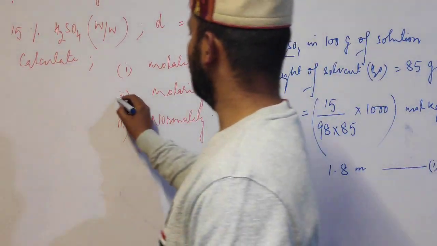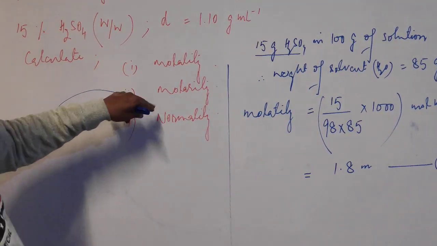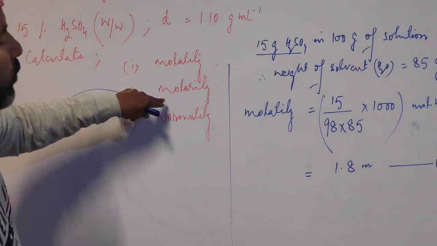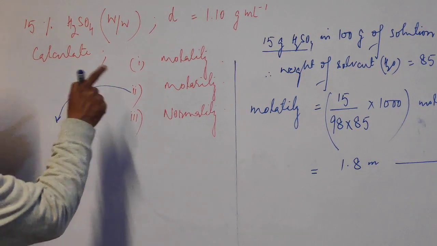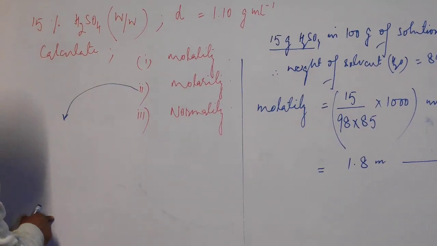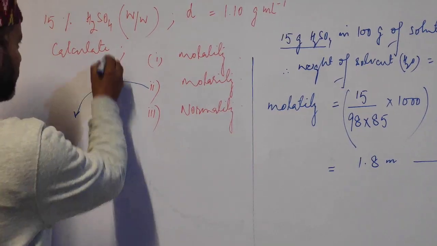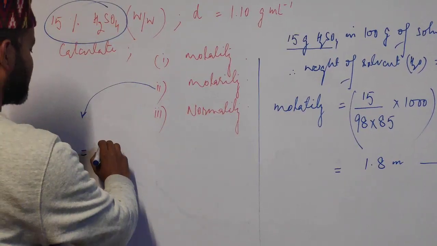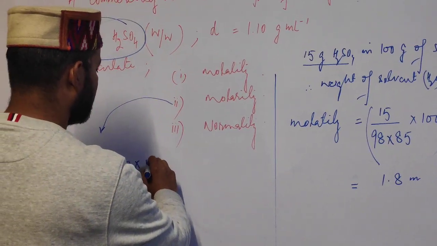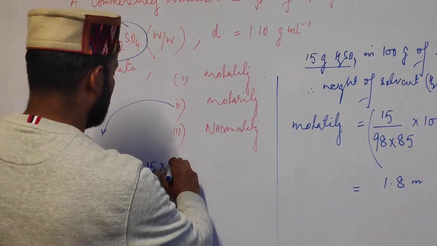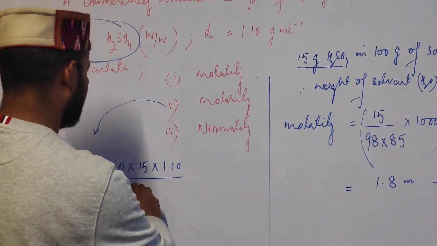Now students, we will find molarity. From the earlier results, we know that molarity is, because weight percentage is given, 10 into the weight percentage, that is 15, into density, which is 1.10, divided by molecular weight of solute.